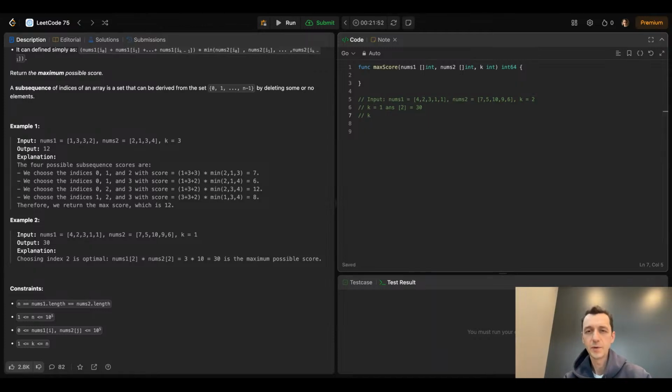For k equals 2, once we have that, let's say we start with 2, then we go over the rest of the list and find the biggest score for this separate index.